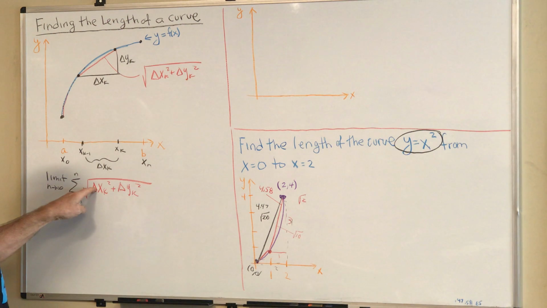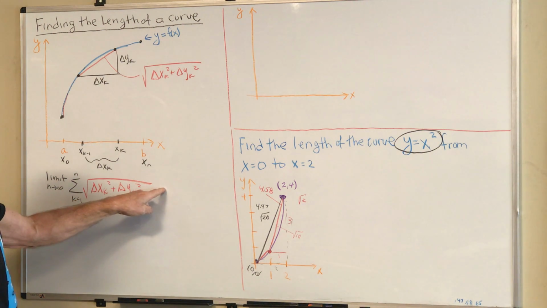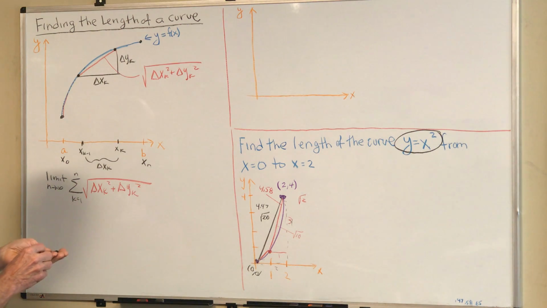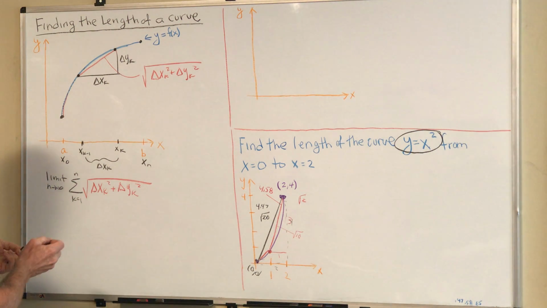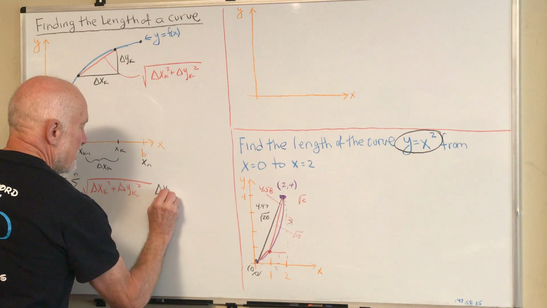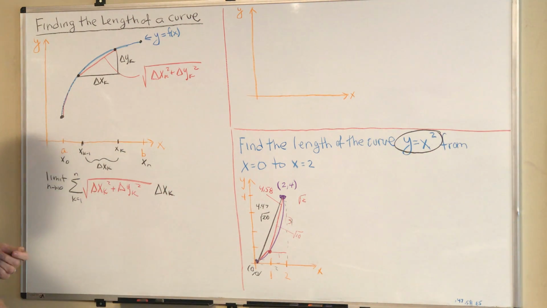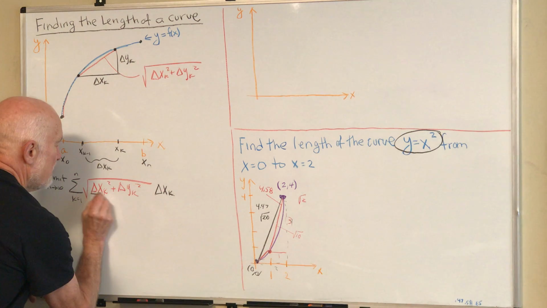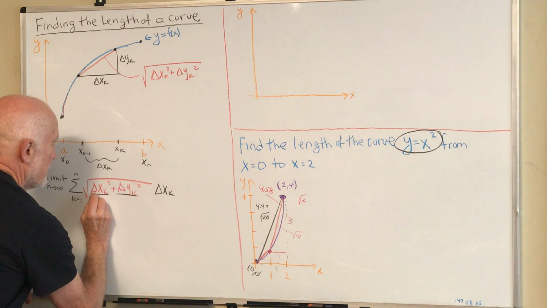We're supposed to have f of c sub k times delta x sub k. Well, one thing we could do is multiply by delta x sub k and then divide by delta x sub k. So we can put that where we wanted to, but now we've got to divide by delta x sub k.